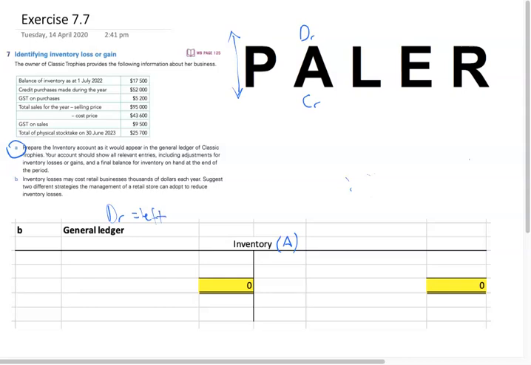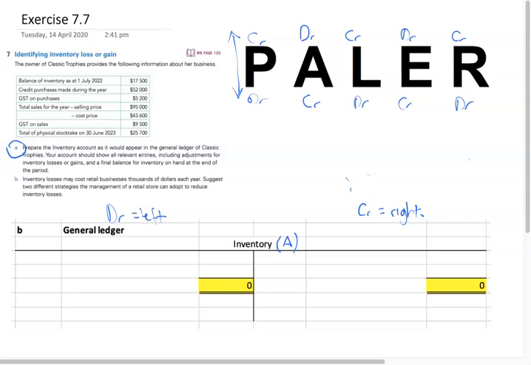And if we see a decrease in inventory, it's going to equal a credit, because credits equal right-hand side. Just so we're clear, we can fill in the pattern: debit, credit, debit, credit, debit, credit, debit, credit, debit.